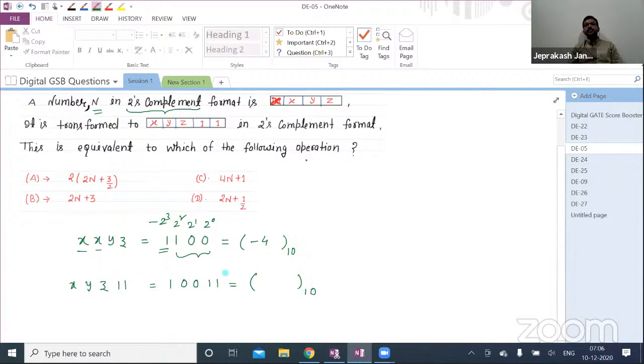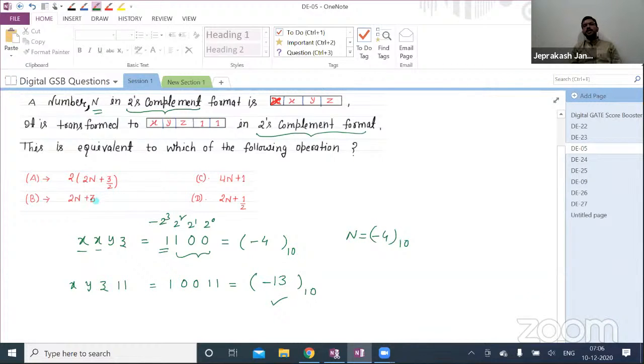This is also represented in 2's complement format only. What is the corresponding decimal number? Yes, very good. Minus 13. Right. Similar approach. 2 power 4 is 16. Minus 16 plus 3. That is nothing but minus 13. Now, here you are getting the resultant value as minus 13. Here in this case, n is nothing but minus 4.